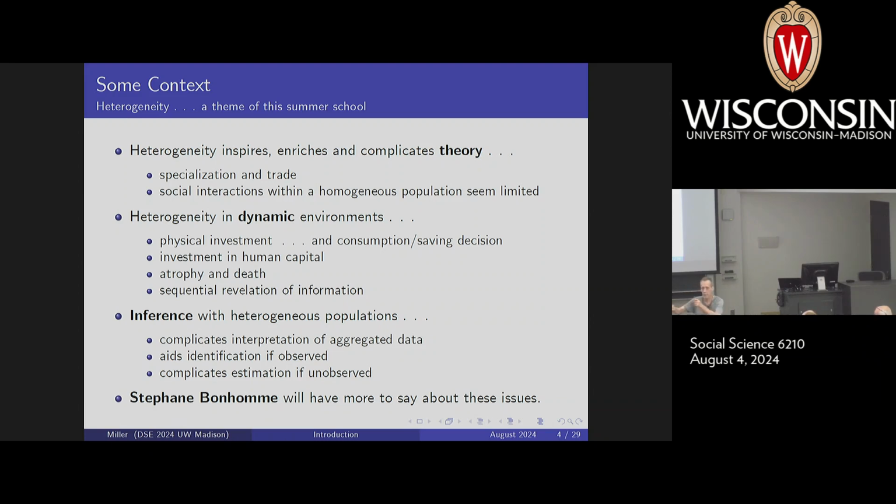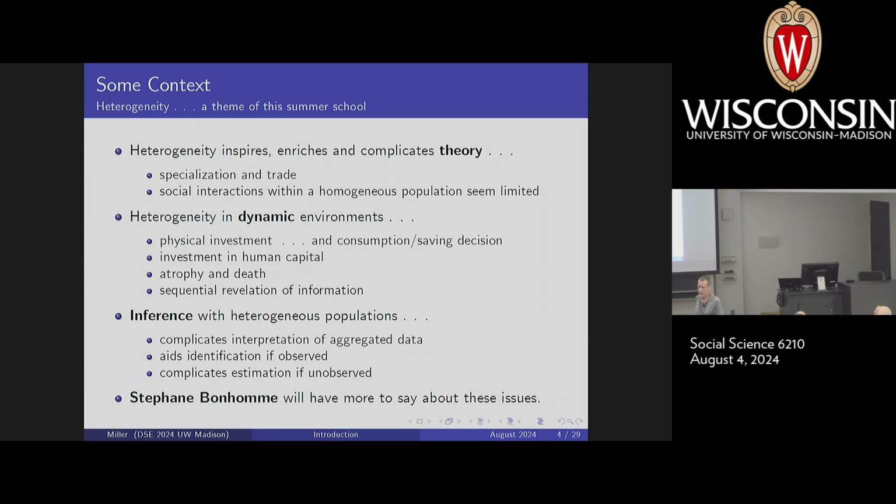You know, differences. But let's face it, think about economics. You could start out with constraints, but then the next thing is specialization and trade, right? So heterogeneity is pretty basic to, more generally, social interactions, which actually would look a little sterile if we were all the same. Maybe that's me speaking.